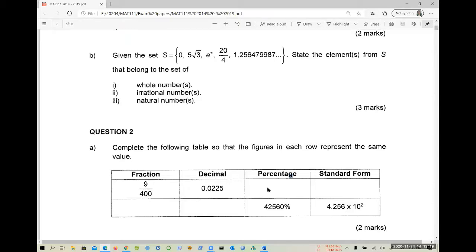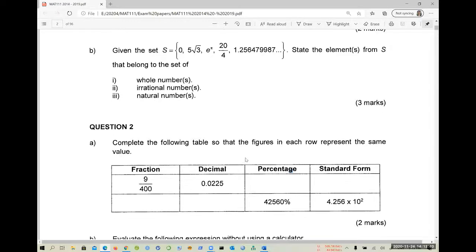Just remember that if there's no change, for example in the standard form, sometimes you have 10 to the power of 0. You still need to write down the 10 to the power of 0, even though you know that 10 to the power of 0 is 1, to show that it is in the standard form. Okay, so that is for the second one.